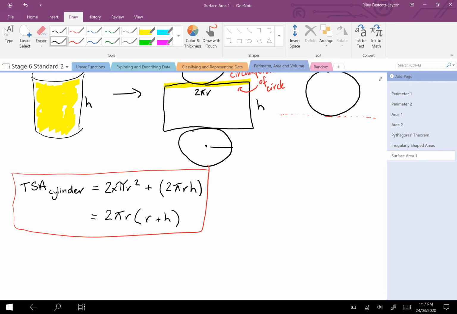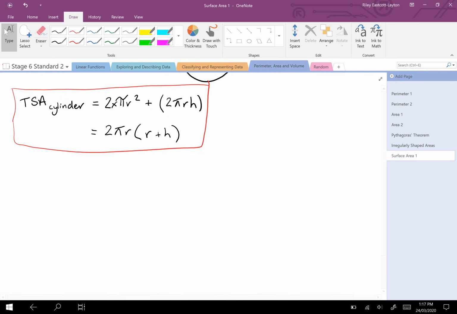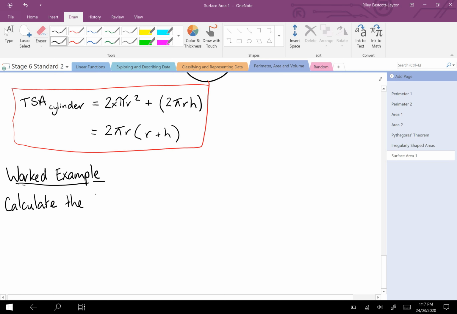So finally, if I do another example for you, worked example. We're going to calculate the total surface area, TSA, of the cylinder.